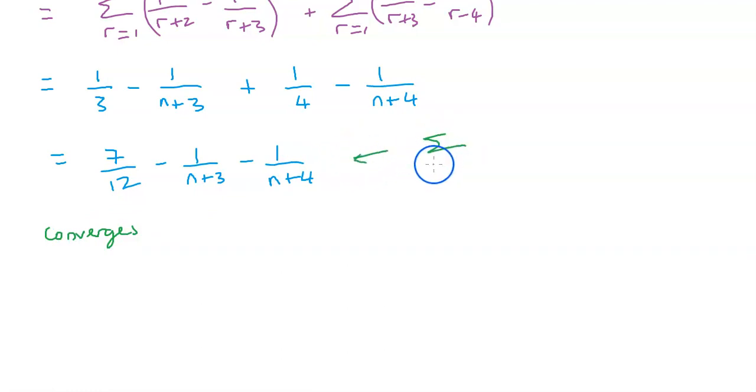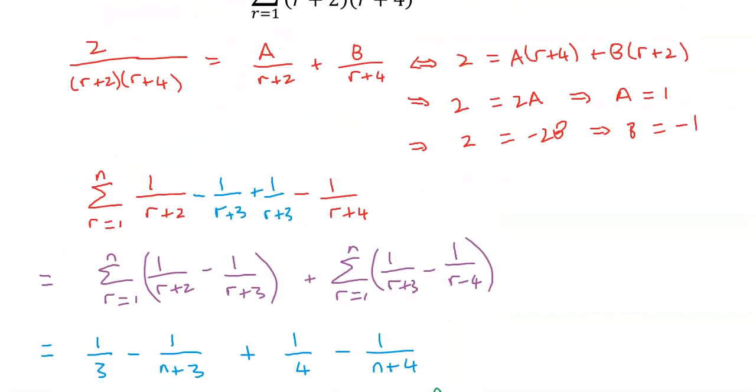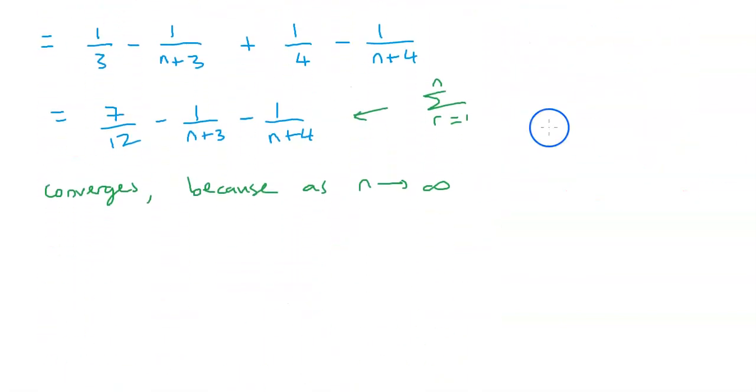So if we let n tend to infinity, it converges because as n tends to infinity, we have this sum here, which was 2 divided by (r+2)(r+4).